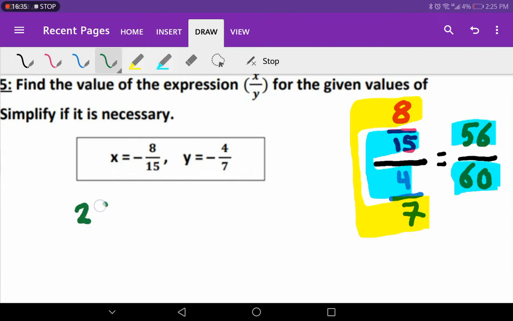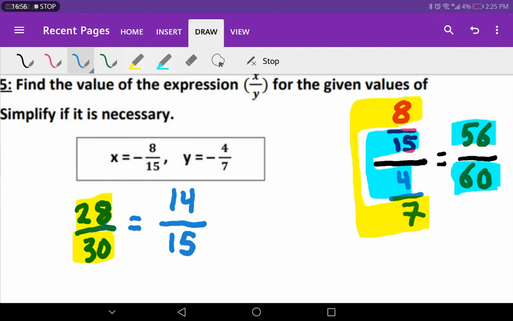So 28 over 60 divided by 2, 30. I still have an even number up and an even number down, so divide by 2 again, and it is equal to 14 over 15, and we're done now.